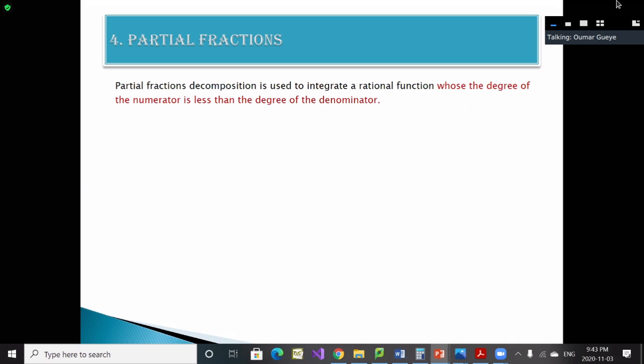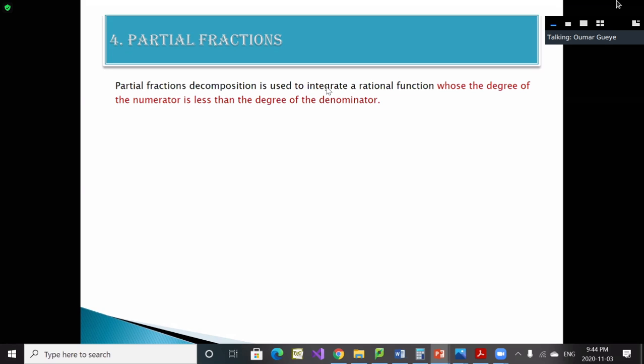All right. Now let's get started with the partial fractions technique. Before applying this technique, make sure you have these conditions satisfied. Otherwise, it's not allowed to use the partial fractions decomposition.